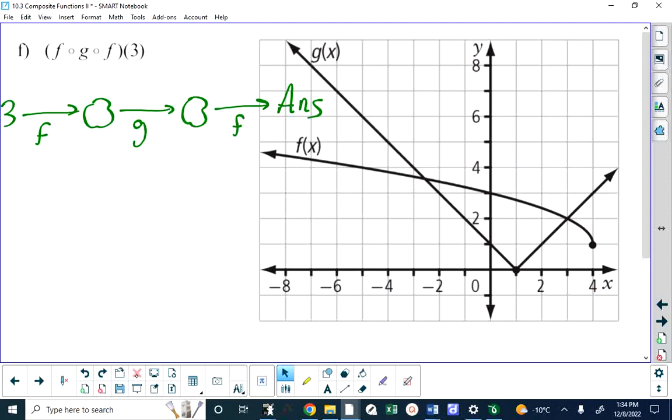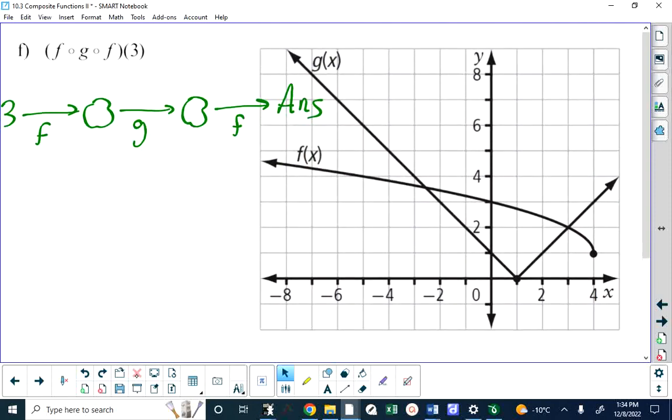What do we do? 3 through f, which gives 2, 2 through g, which gives 1. I think I have it. I almost said 0, but it's not 0, it's 2.7 roughly. So when 3 goes in, what comes out of f is 2.